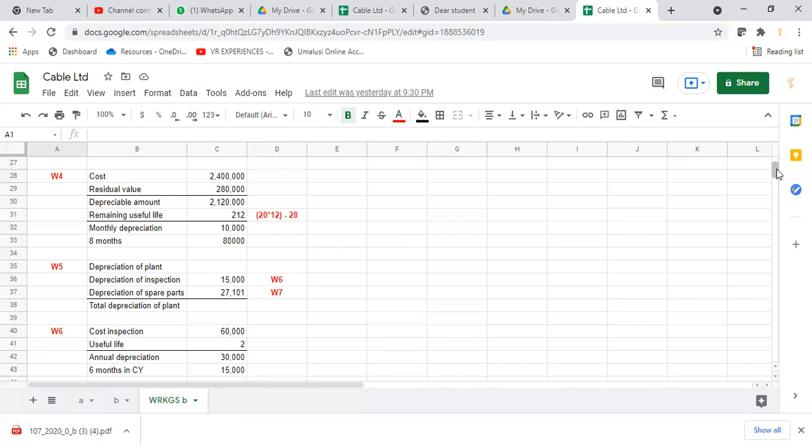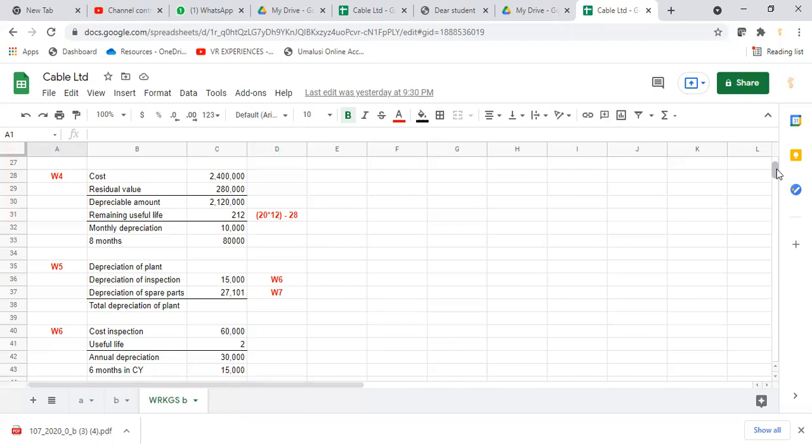So take note of those small differences, because it's those small things that add up overall to give you that good mark. So don't lose marks over every small thing.